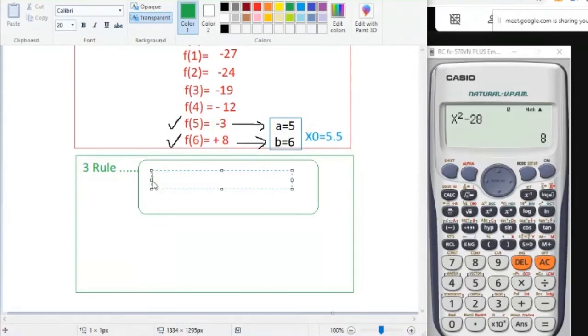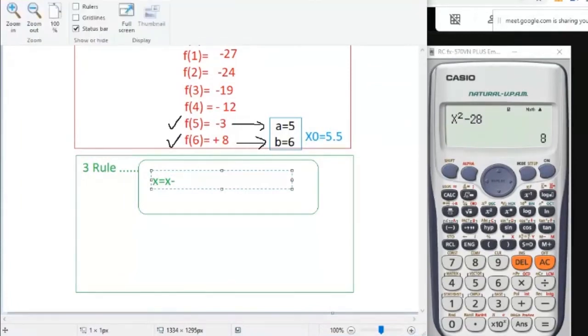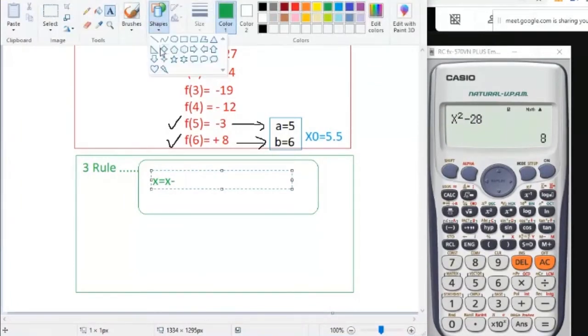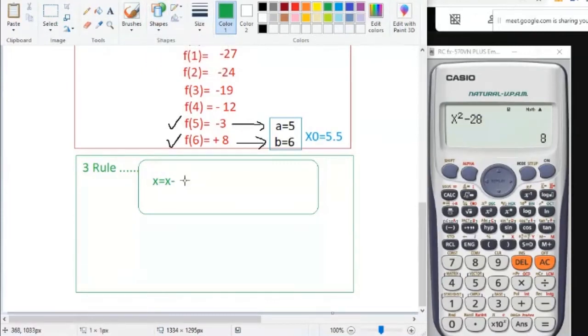In the formula sheet, they will write it like this. They will write X equal to X, okay, minus, here I just want to write it same like the formula sheet at least one time, to make you familiar with that, nothing else. Then here I have this one.